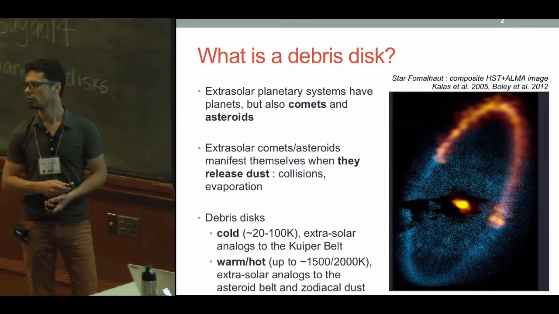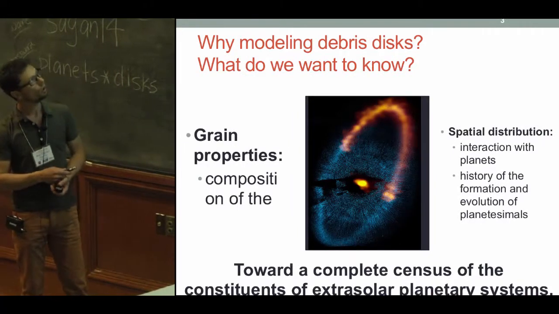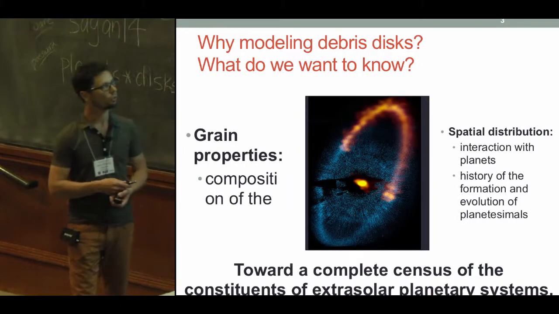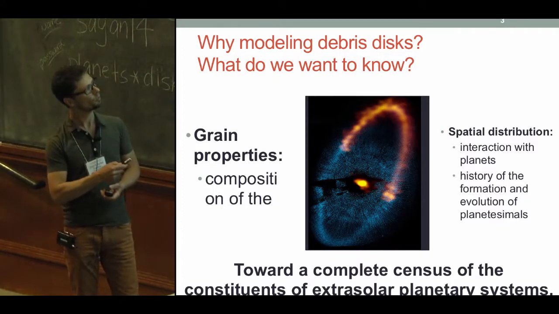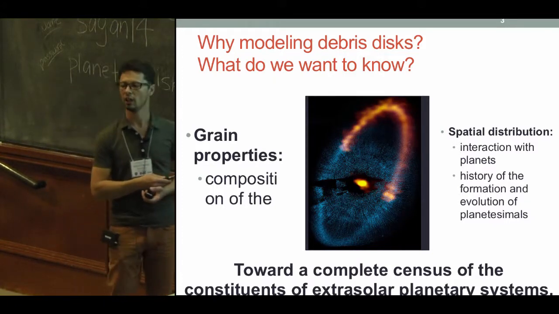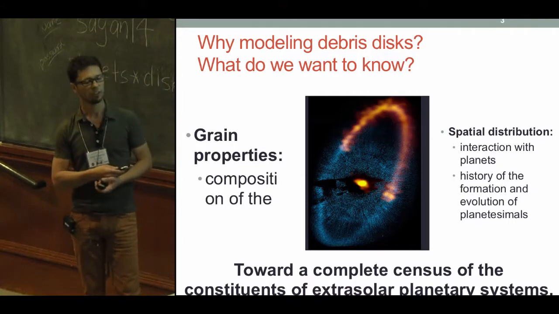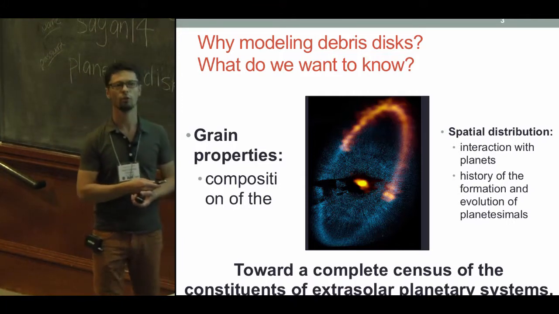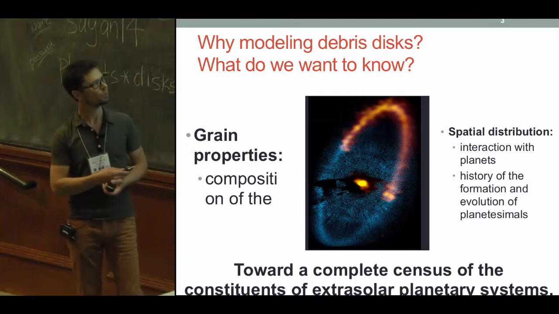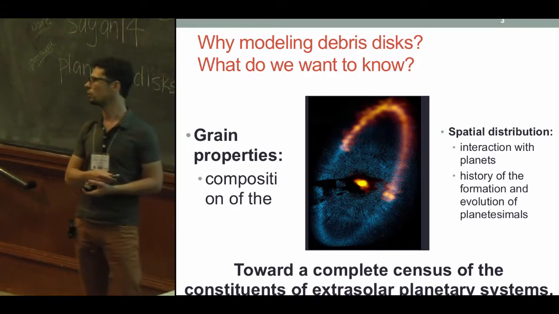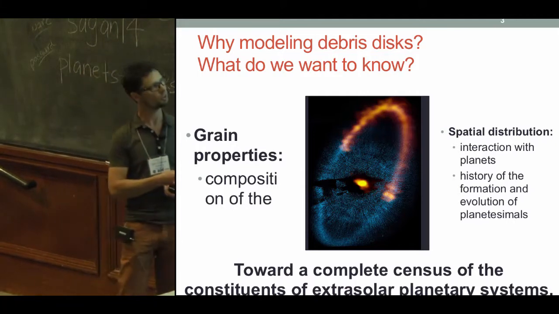Why do we want to model debris disks? We want to know what the grain properties of these disks are, what the composition of the dust grains that we see is, because they basically reflect the composition of the big guys that we don't see directly. We want to know what the size distribution is, because you want to know if your system is in collisional equilibrium, for instance.